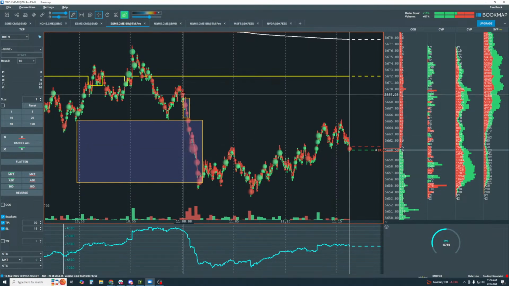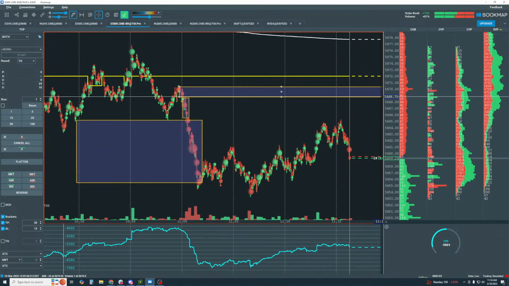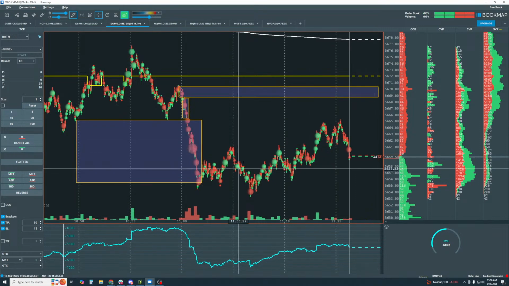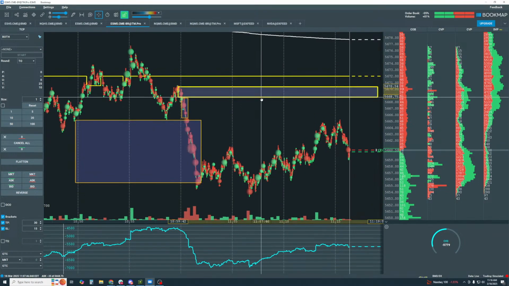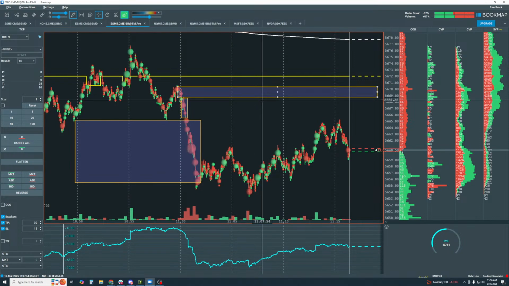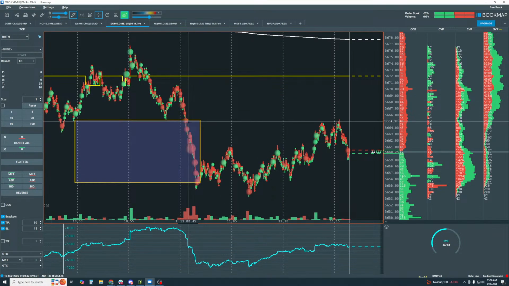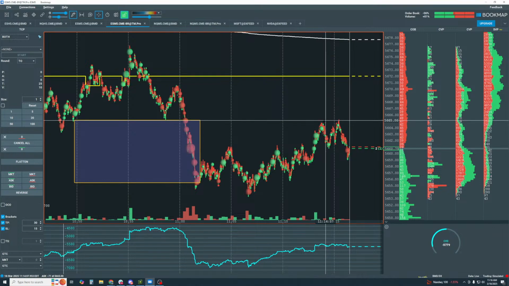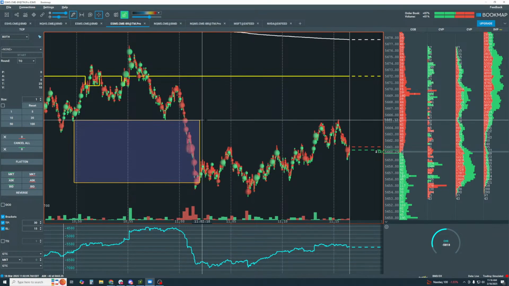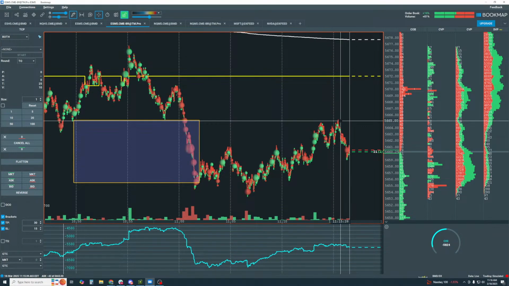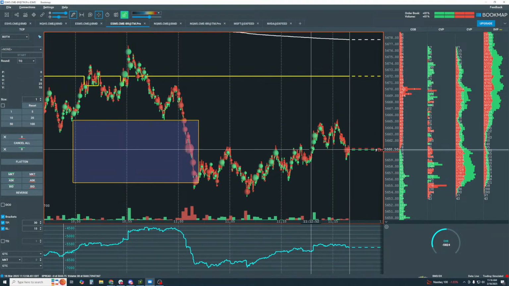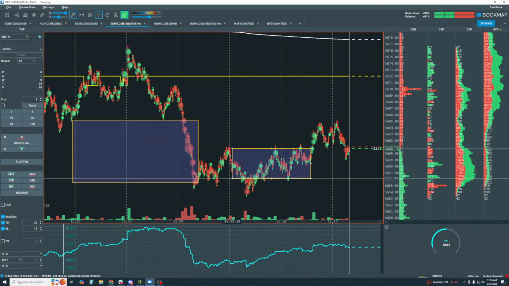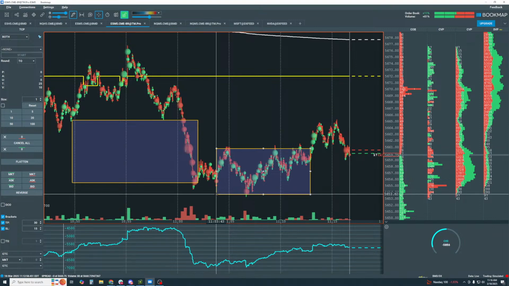We can also look at maybe supply zones up in here, but let's just keep it simple, and we'll just say they are in control in this structure here. That's why we're seeing this retest up here and not finding many buyers up here. But we can also see buyers in here in these smaller structures, right?